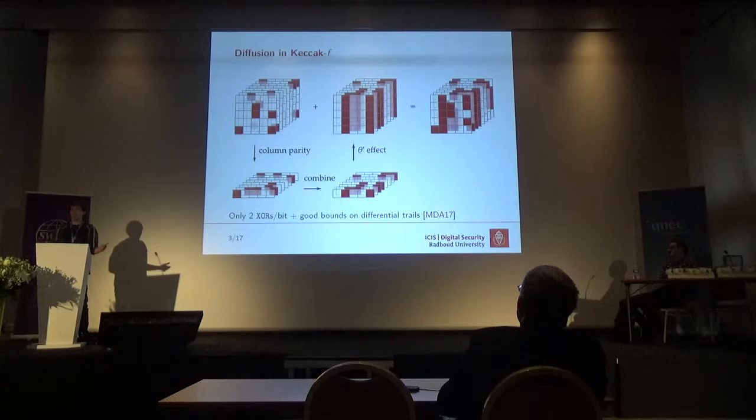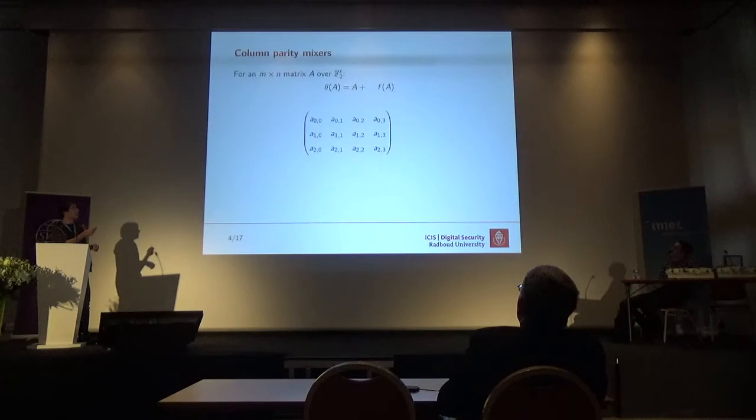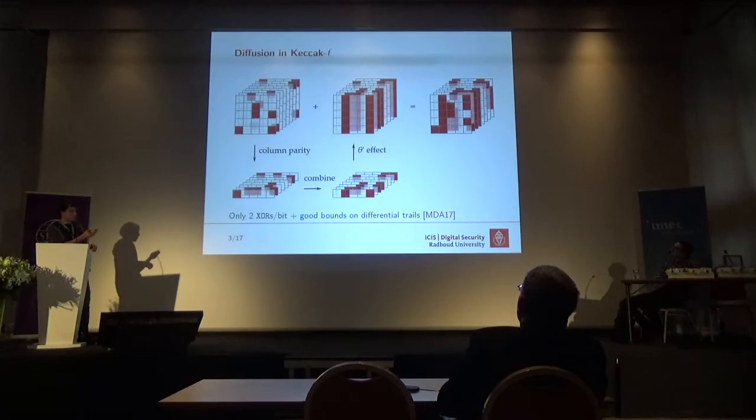So the idea how it works, very briefly, is that every red square is a 1, every white square is a 0, and the parity is computed over the columns of this cubical state. So here there's only one, so that becomes 1, 2 becomes 0. And then here some linear operation is computed on this parity, and then this is stretched and added back to the original state.